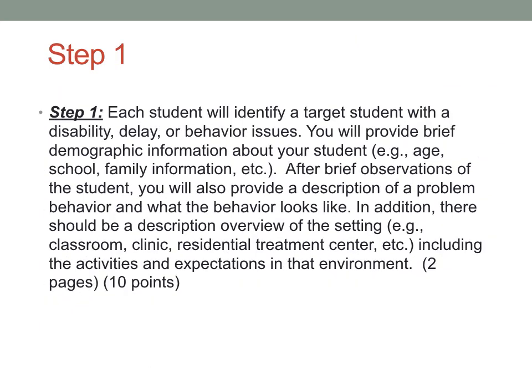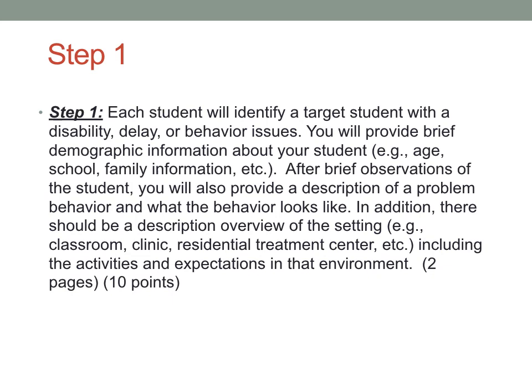In step 1, you will identify the target person and talk about the person. Do not use the person's real name; use a pseudonym. After you have some brief observation of the person, you will provide a brief description of the problem behavior he or she has and what it looks like.